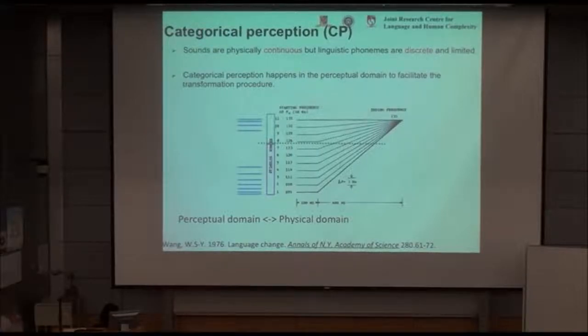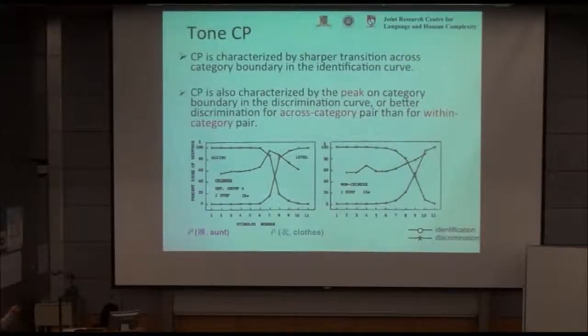And we call such a boundary the psychophysical boundary. When trained with a tone language, this psychophysical boundary disappears. This boundary shifts to a linguistic boundary. That is the tone 1 versus tone 2 boundary in Mandarin here.